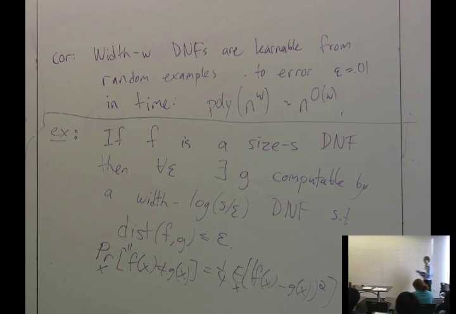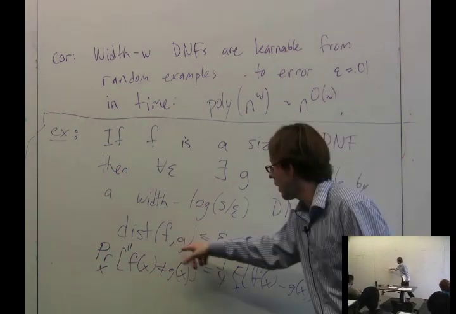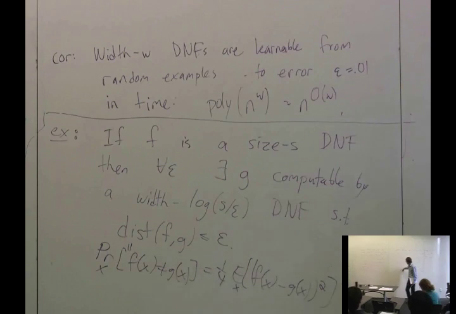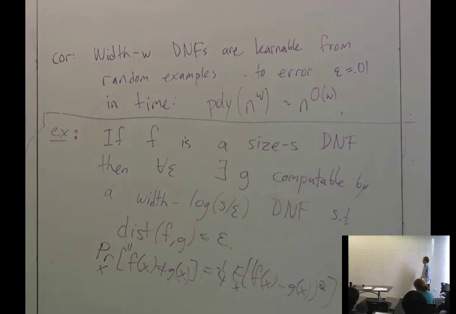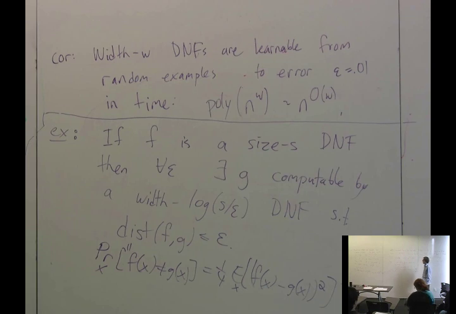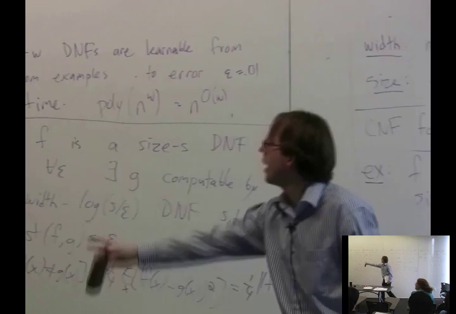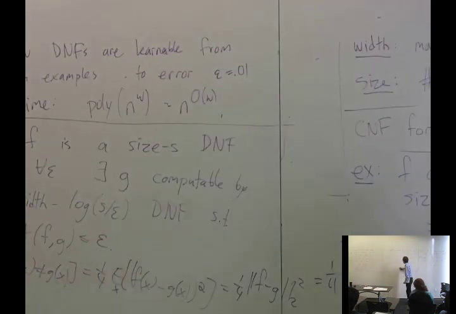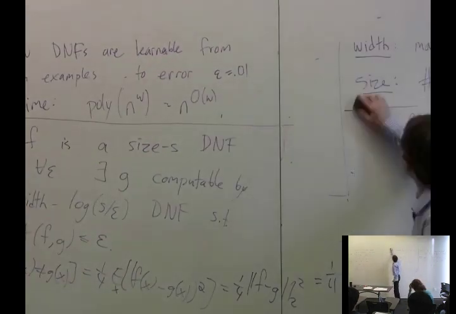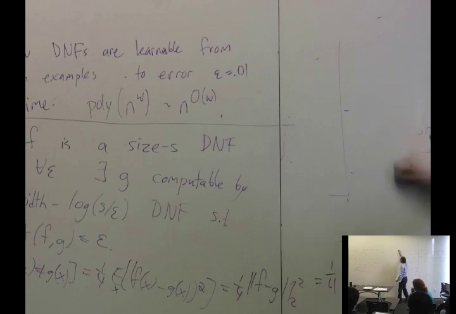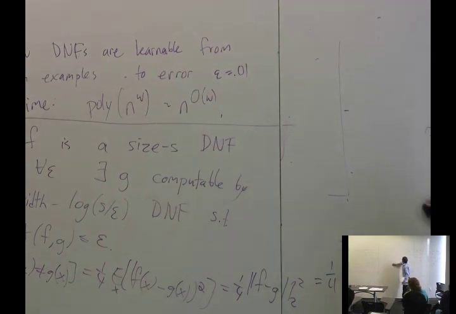I didn't exactly make this clear earlier, but if you have f and g that are close, it implies that their Fourier coefficients are close in 2 norm squared. And as a conclusion, since we know g has good spectral concentration, we can conclude from this that f also has good spectral concentration.